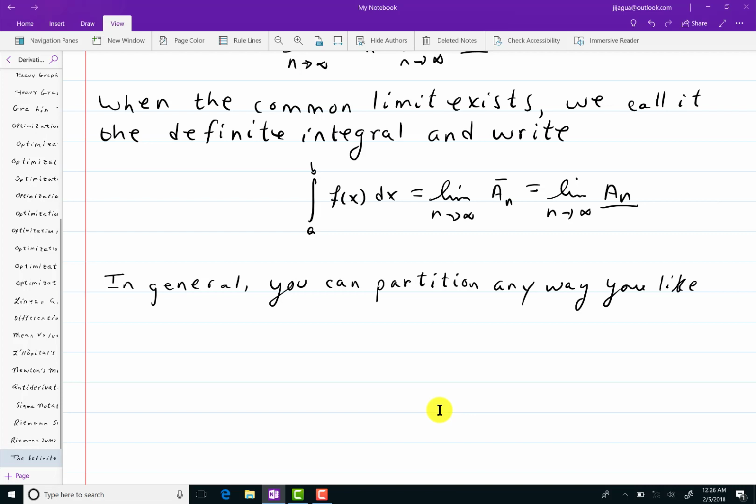So you can use any kind of partition you want, but rest assured that no matter what you do, let's say the area of your rectangles is A_n, for any n that you can possibly have, the areas under the rectangles are going to be greater than or equal to A_n with a bar below, and also less than or equal to A_n with a bar above.